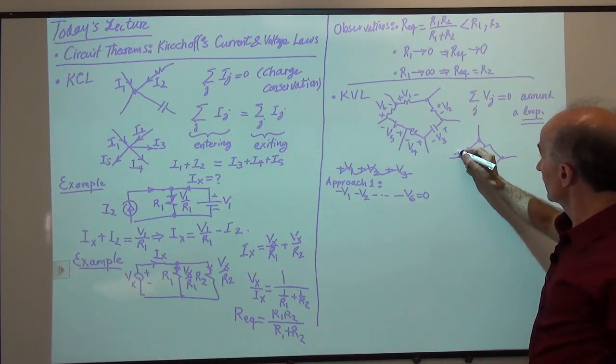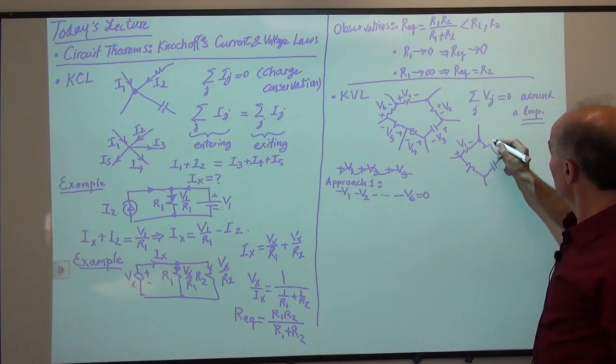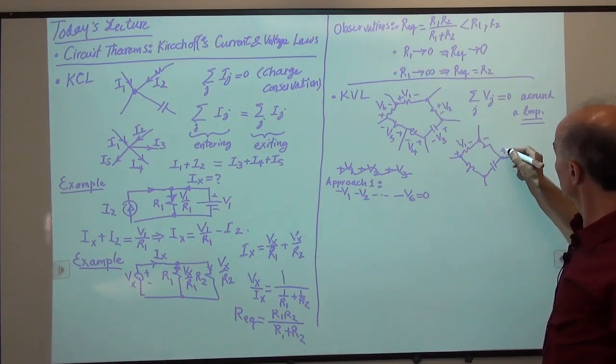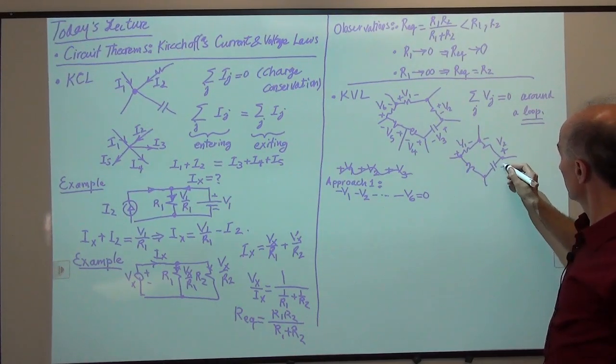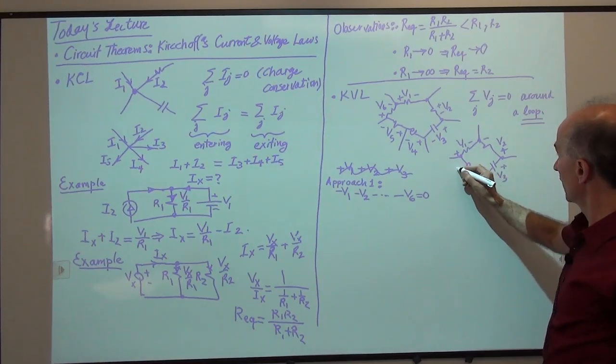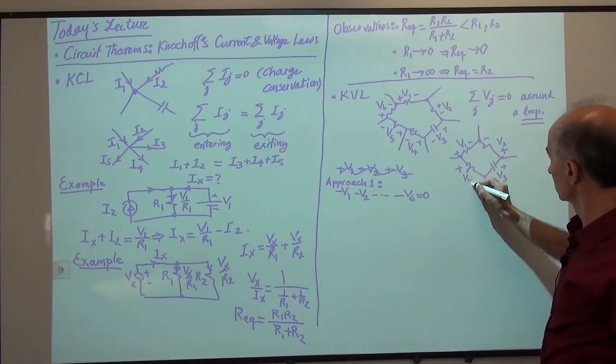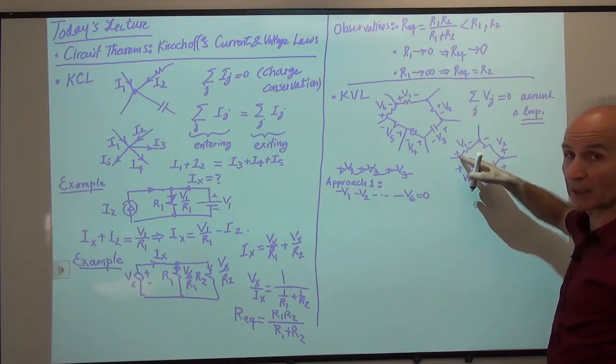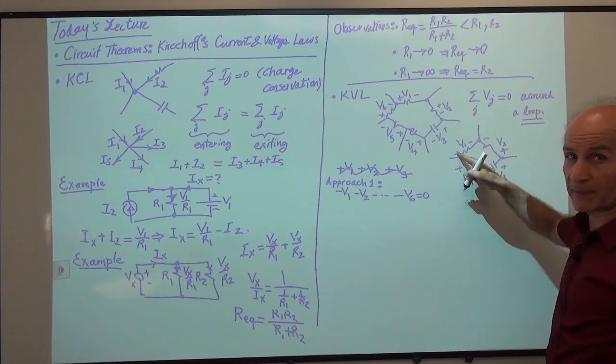So I say, okay, this is V1, this is V2, this is V3, and this is V4. Here's the loop, right? I start from here, go along these branches, and come back to the same point.